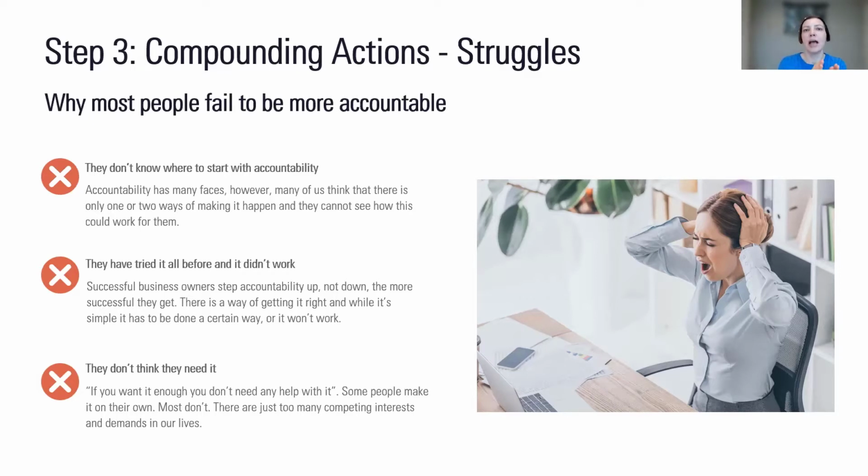Actually having a support mechanism in place, different accountability fail-safes in place, can really help to navigate this journey from whatever the starting point is today to the transformation that you want to achieve, this goal that you ultimately want to achieve. And there will be ups and downs.